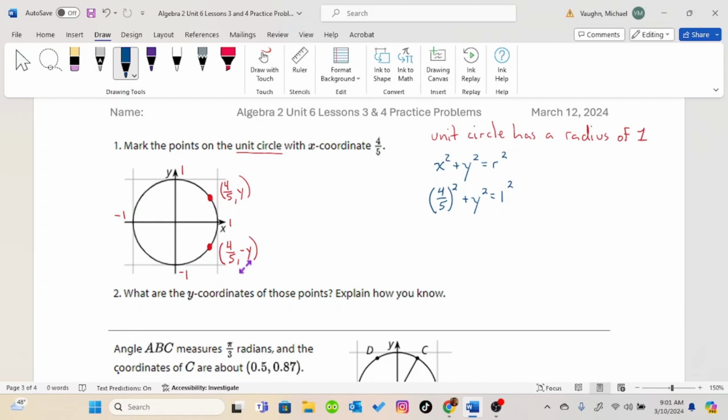So 4/5 squared becomes 16/25, and 1 squared is 1. So now, to get y squared by itself, I'm going to subtract 16/25 from both sides.